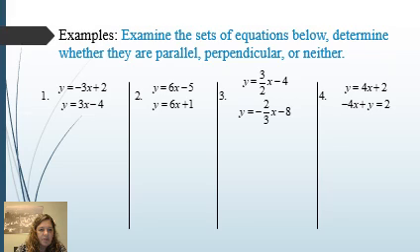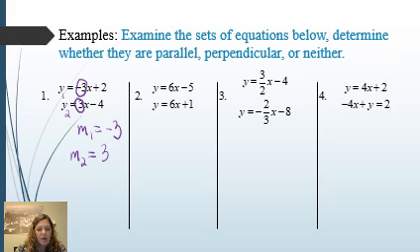If we look at this first equation, which is not labeled as y1, but we're going to label it as y1, and then we've got y2, the slope of y1 is this value here that is next to the x, so it's -3. The slope of y2 is the coefficient of x, which is equal to 3.